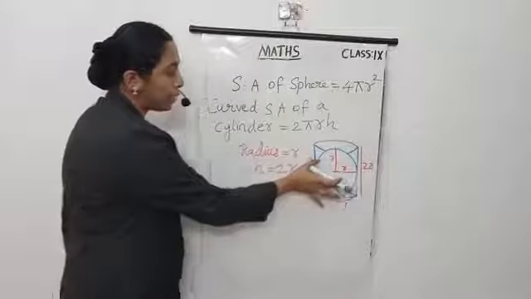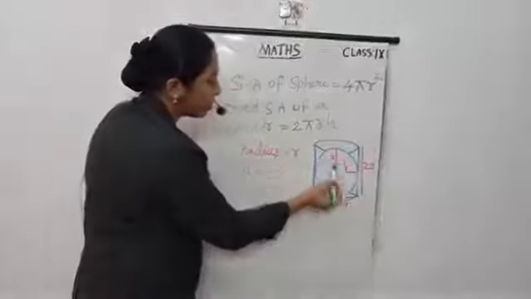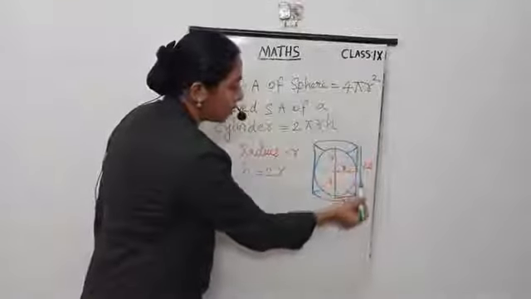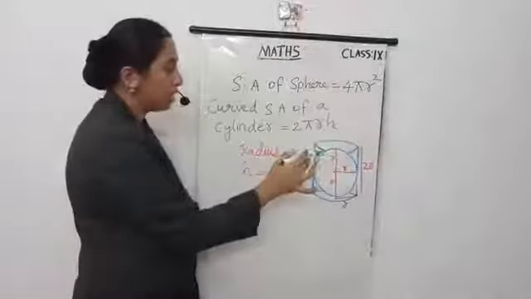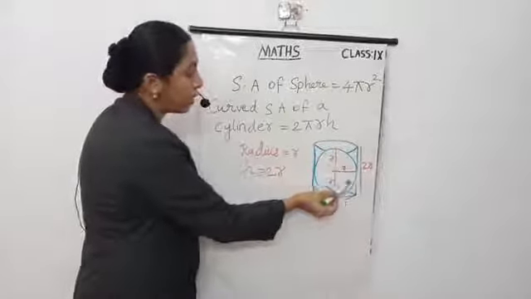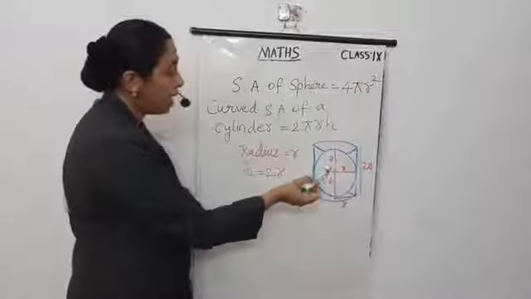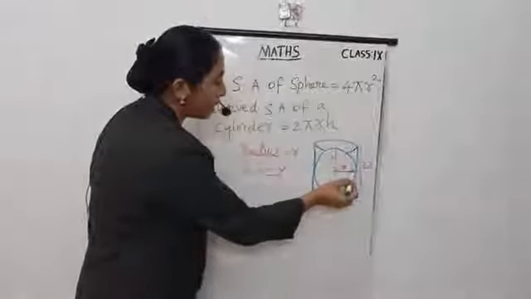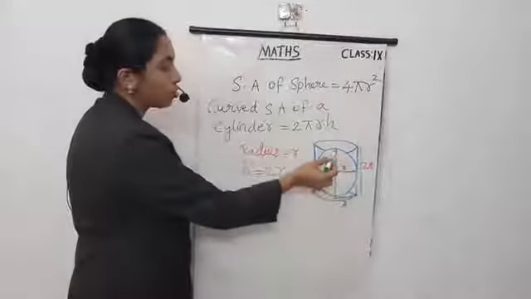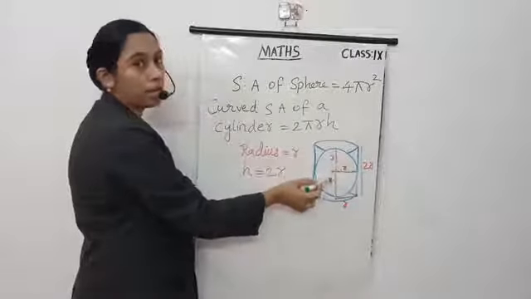Now we connect this sphere and cylinder. This sphere is tightly inside the cylinder. So this diameter of the sphere is the same as the height of this cylinder, tightly fixed, and this radius is the same as the cylinder's base radius. So r is the radius and r plus r, the diameter, is 2r.